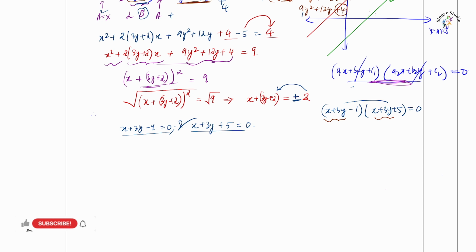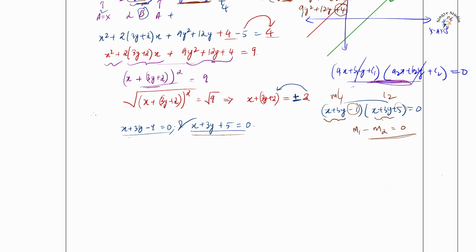In both the equations we have x plus 3y, x plus 3y, but this constant can be different. But if we have x plus 3y, x plus 3y, then the slope is the same, which means that the slopes of line 1 and line 2, when you take the difference, will exactly give 0. So this is the condition for parallelism, okay?